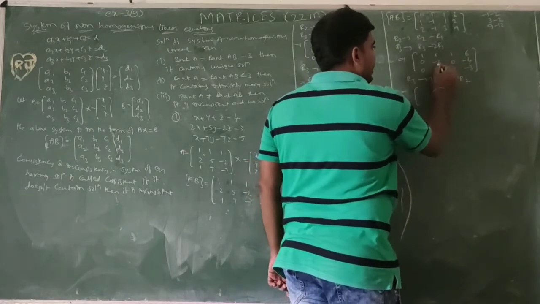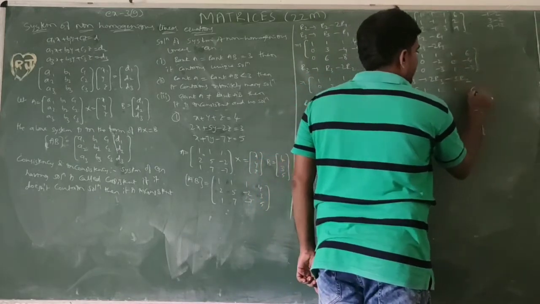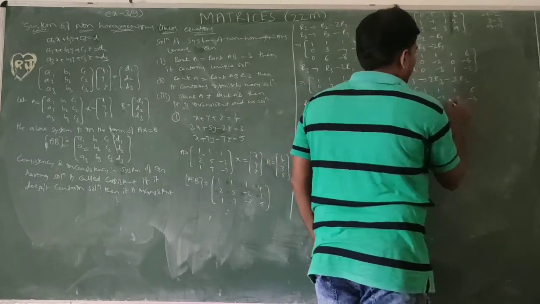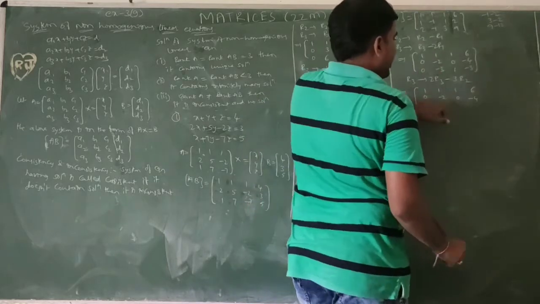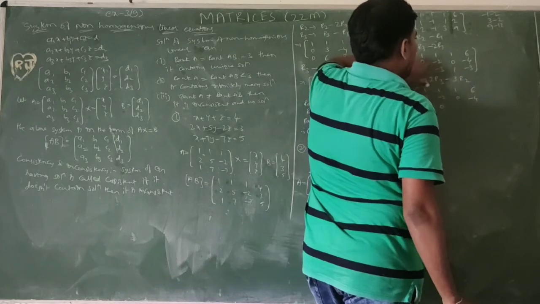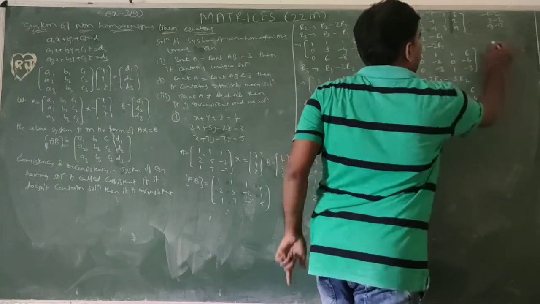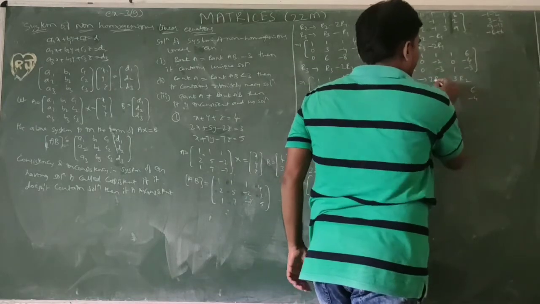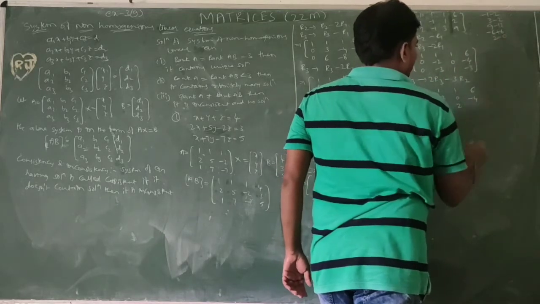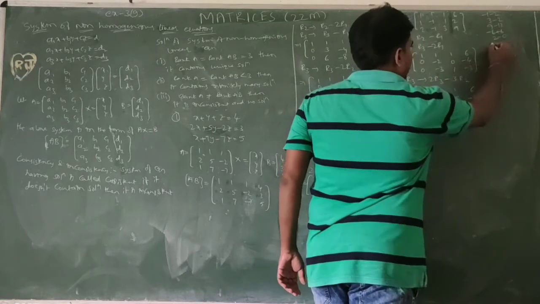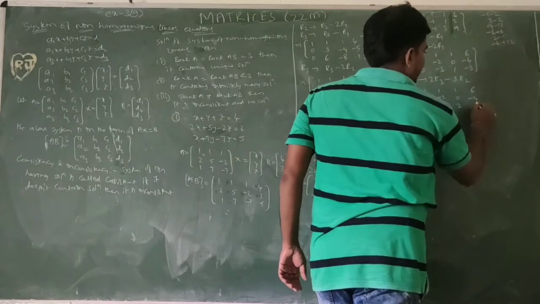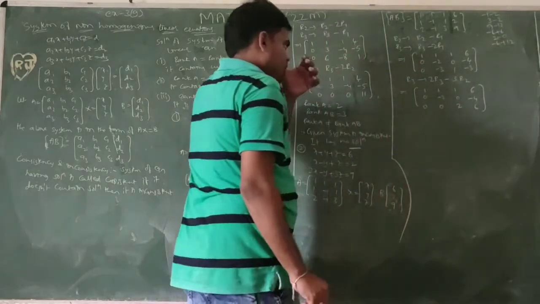So we are converting this one to 0. The rows are 1 1 1 6, then 0 minus 2 0 minus 4, then 0 0 2 6. Checking: 2 into minus 3 is minus 6, minus 3 into minus 2 plus 6, minus 6 plus 6 is 0. Next, 2 into 1 is 2, minus 3 into 0 is 0, giving 2. And 2 into minus 3 is minus 6, minus 3 into minus 4 plus 12, 12 minus 6 is 6.